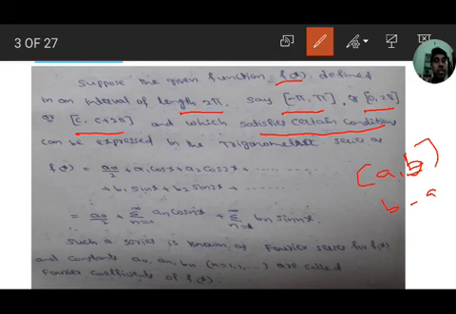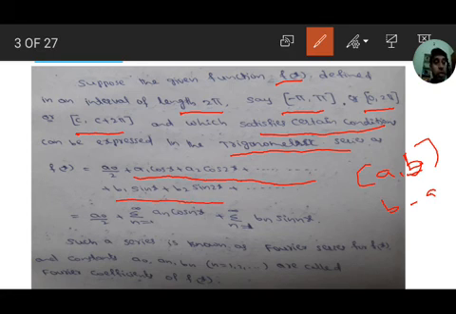certain conditions, can be expressed in the trigonometric series as f of x equal to a0 by 2 plus a1 cos x plus a2 cos 2x plus a3 cos 3x, and so on, plus b1 sin x plus b2 sin 2x plus b3 sin 3x, and so on, in trigonometric series.